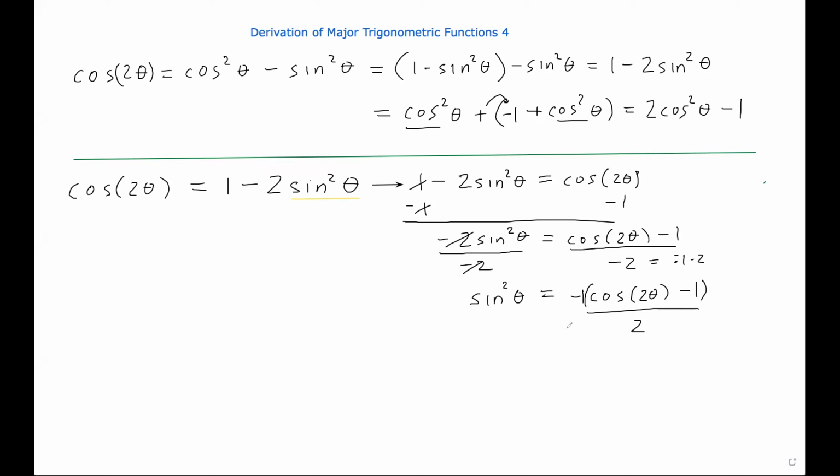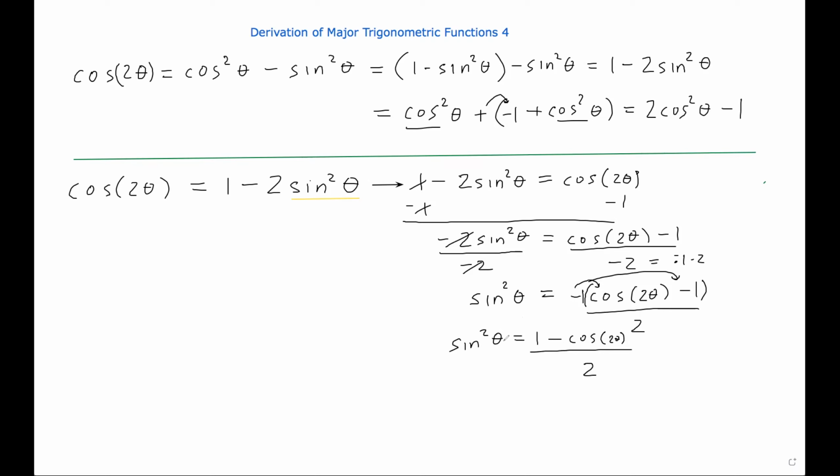Okay, so there's a negative 1 here. So we multiply the negative 1 times cosine twice theta. It's just going to flip the signs. So we get sine squared theta equals 1 minus cosine twice theta divided by 2.